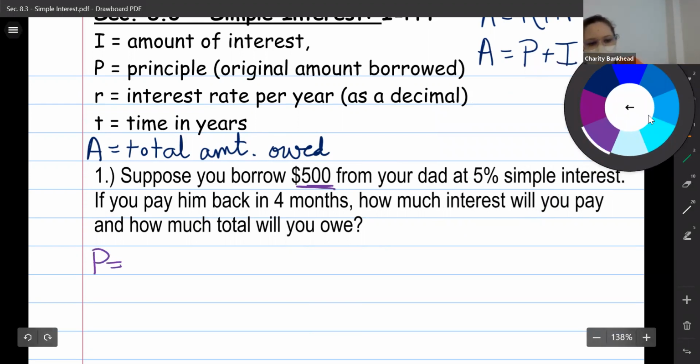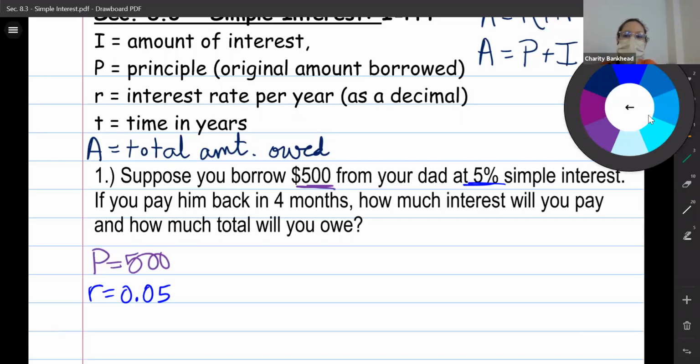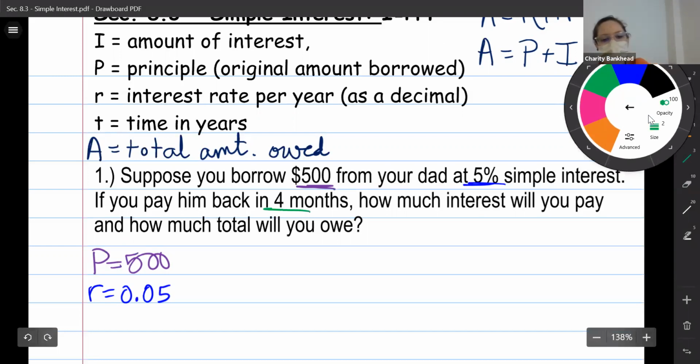So P is 500. And then the rate is 5%, so we can say R equals 0.05. And then the time is 4 months, but we need to convert that to years, so divide it by 12. You can reduce it or whatever, it doesn't really matter at this point.